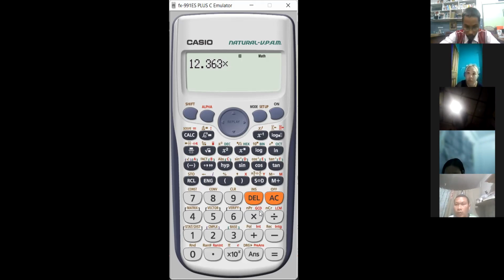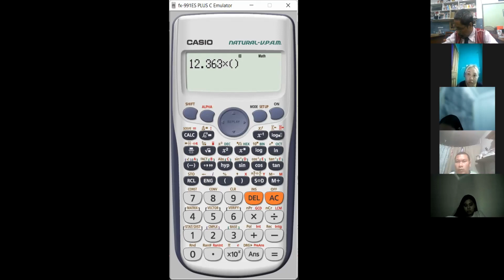Of course we have to do this. Let us first do the delta T before the alpha. That is for the alpha. Actually you don't need to put the multiplication if you already use parentheses, so that you can minimize time.